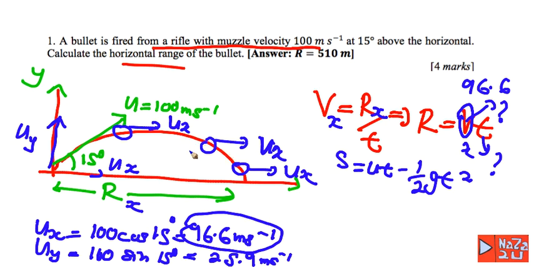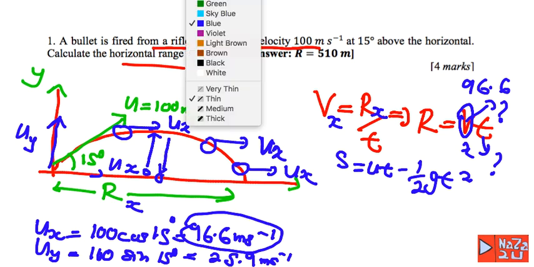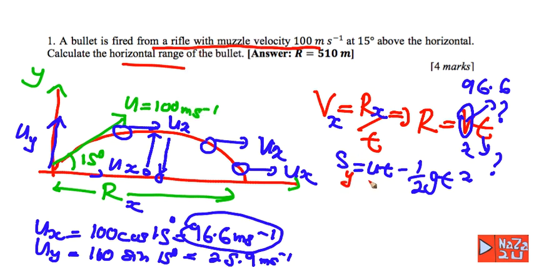To calculate the time t, you just consider the object from the ground surface, up to maximum height, and then moving back to the original position. So you consider the y or vertical axis. We focus on the y axis here.